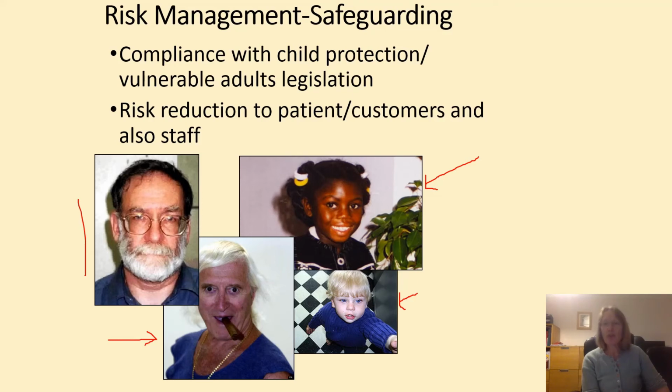And also we have training to prevent ourselves from coming under suspicion of misusing or mistreating patients. This might be the training from the GPhC on sexual boundaries, just to make sure that you behave in the right way when dealing with patients.